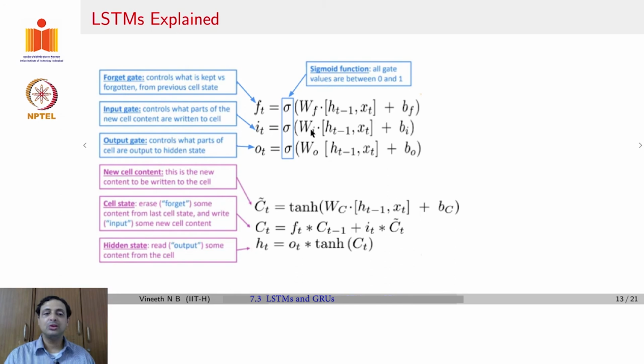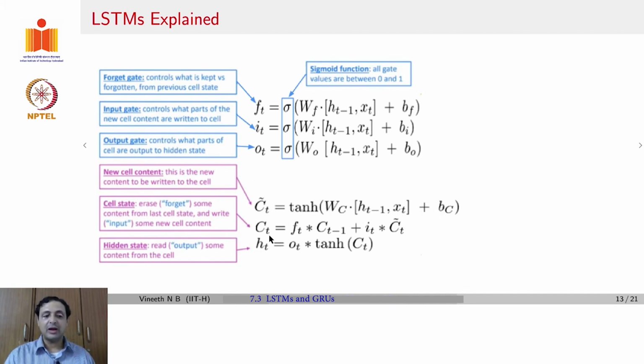All of them use a sigmoid activation function so that the output is similar to a gating mechanism and the values lie between 0 and 1. And C tilde t is the new cell content that you want to write to the cell. That's just a simple processing of the inputs.